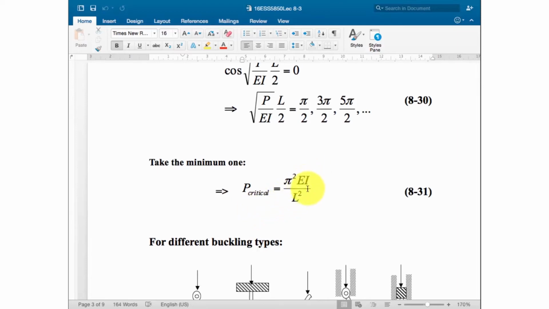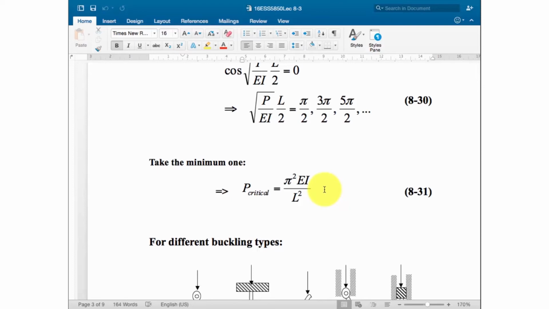Another thing is the moment of inertia. When you buckle the beam, it may not be symmetric in all directions for the moment of inertia. So the beam will bend towards the weakest I value.